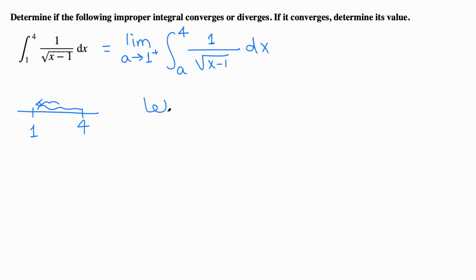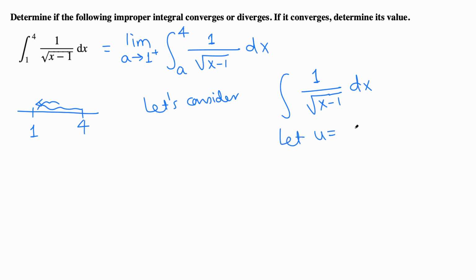Let's consider just this integral, 1 over root x minus 1 dx, and then I'll come back here. For x minus 1, we need to use u substitution. So u is x minus 1. That means du over dx is 1, so dx is du.